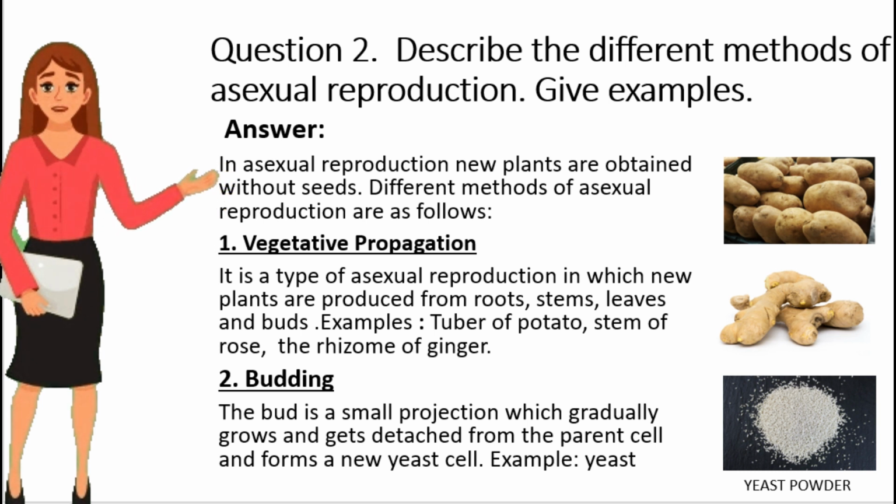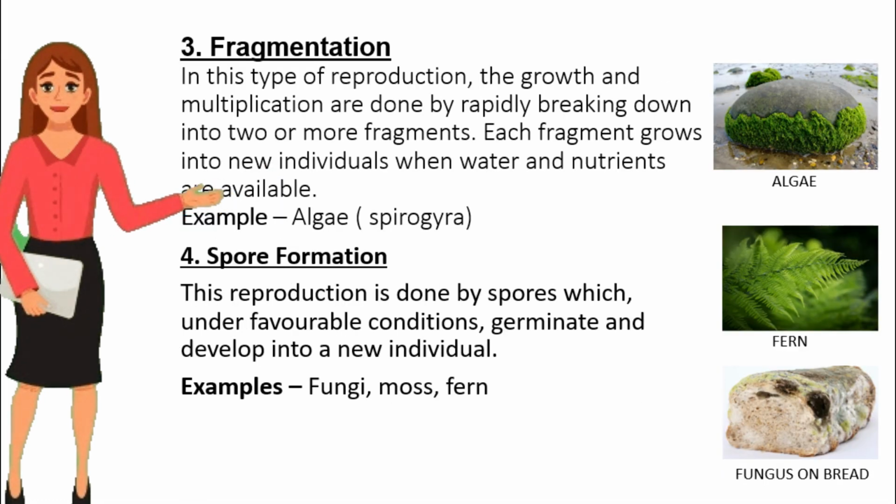Example: yeast. 3. Fragmentation. In this type of reproduction, the growth and multiplication are done by rapidly breaking down into 2 or more fragments. Each fragment grows into new individuals when water and nutrients are available.